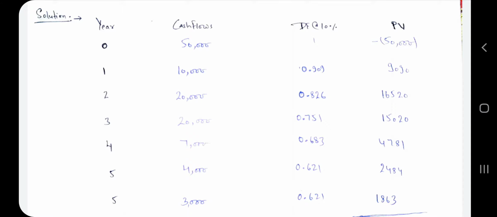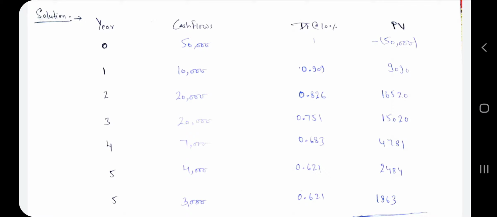At the initial year, we invest 50,000, and this initial investment is taken as a negative value because we invested it. So the investment part is negative and what we gain is positive. So the initial investment is negative, so the present value is minus 50,000.